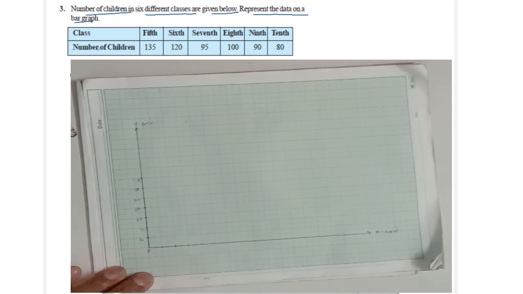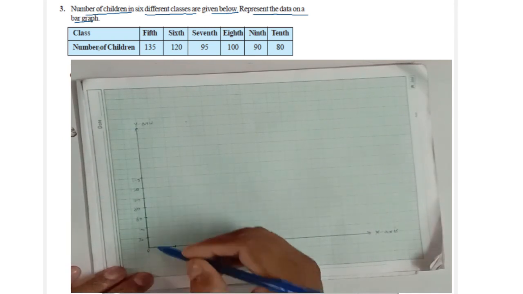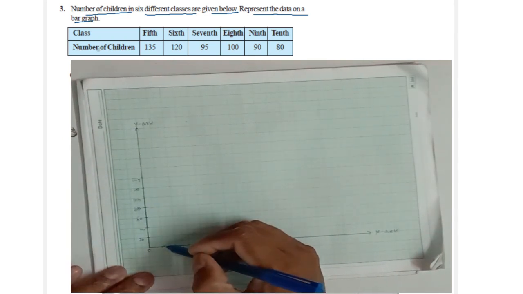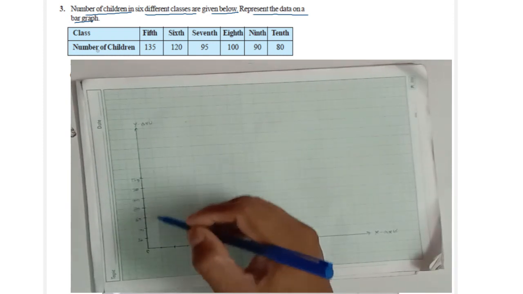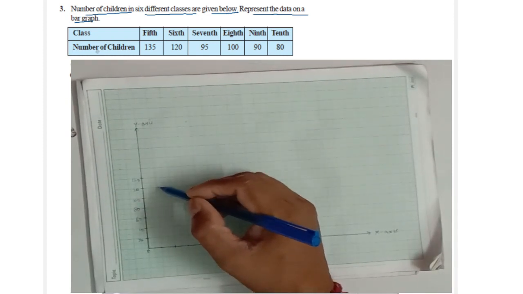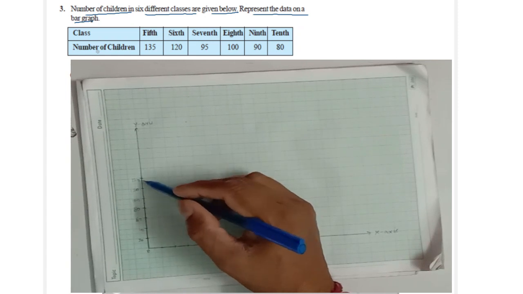Here the first is 135. Where does 135 come? So divide 135 by 20. You will get 6.75. It is after 120.